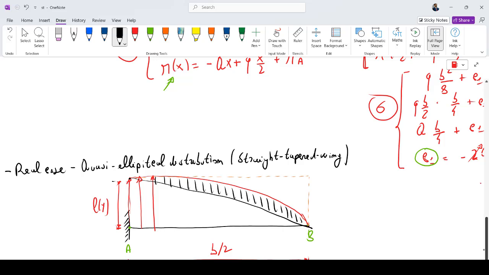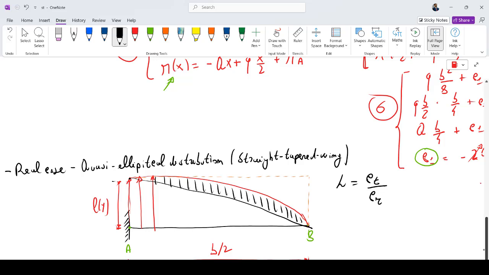One of the motivations is the taper ratio of the wing. A taper ratio again is lambda, the ratio between the chord at tip divided by the chord at root. The motivation is to obtain an elliptical distribution of load, and we know that an elliptical distribution of the load means less induced drag.